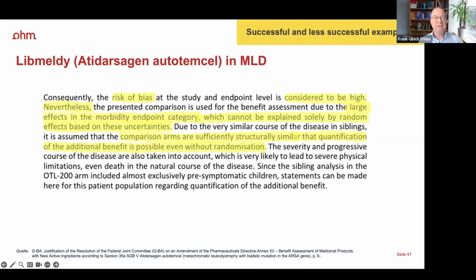That was important. And second, the arms used for comparative purposes were sufficiently structurally similar so that a quantification of the additional benefit was possible even without randomization. So that's my first example. And if you want to look that up, these are assessments that are available at the website of the GBA, and they are in English.